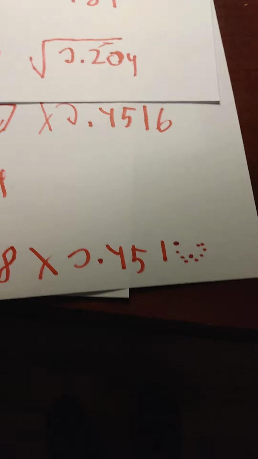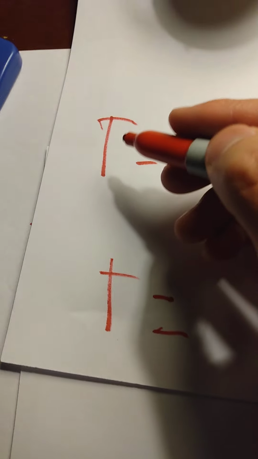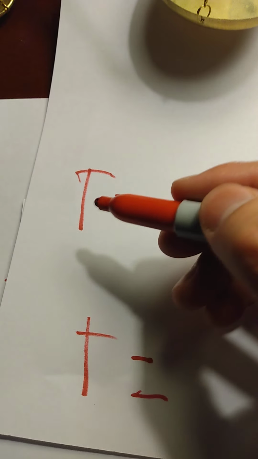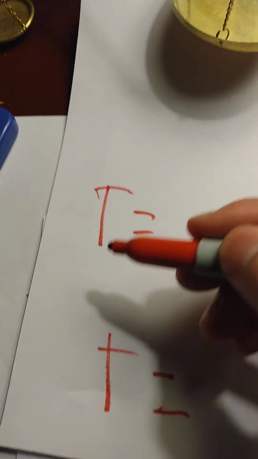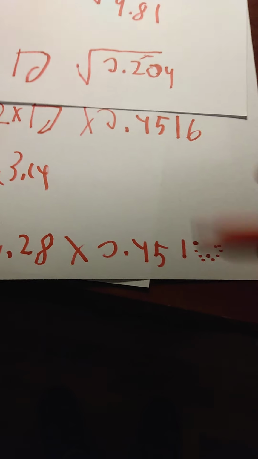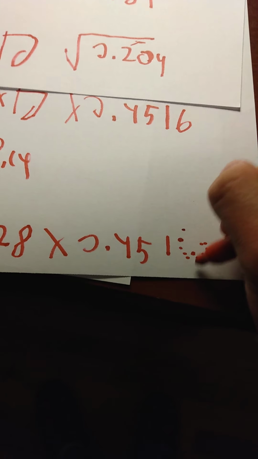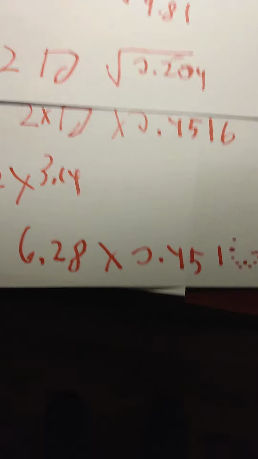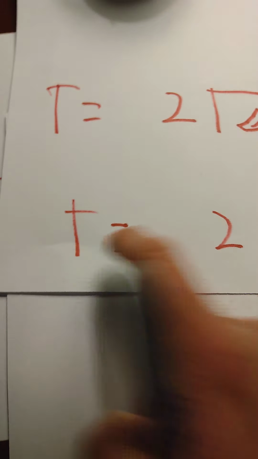We get our answer in seconds because the time for a pendulum to move back and forth from point A to B and back is measured in seconds. If we do this equation right here, you will find your answer in seconds.